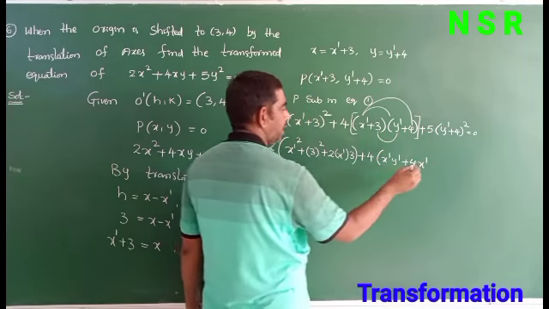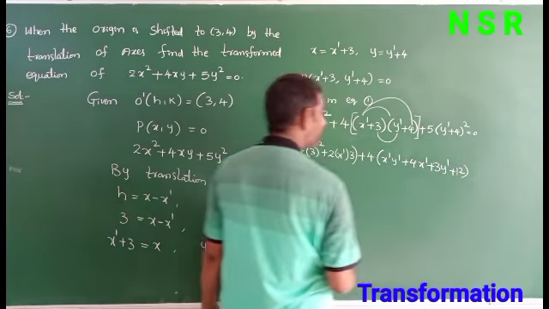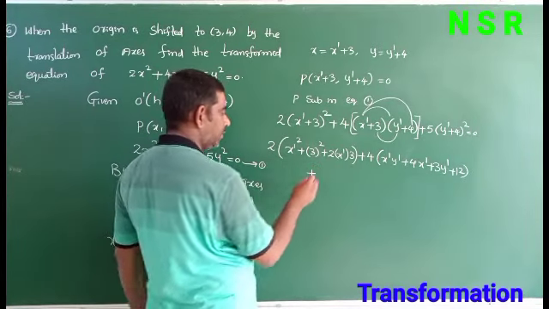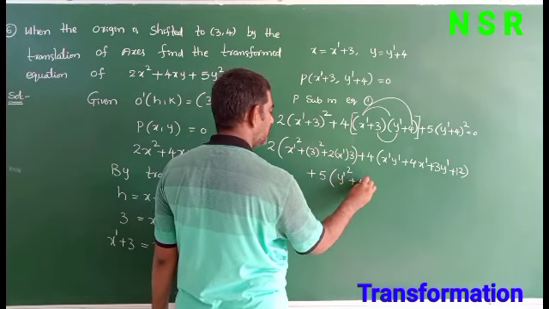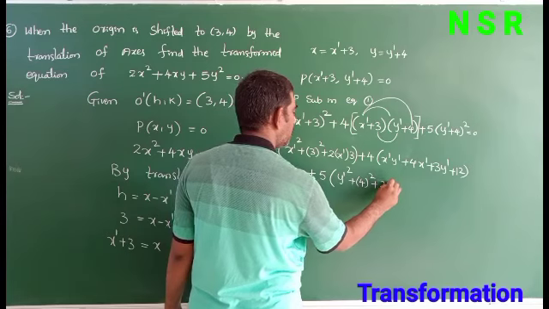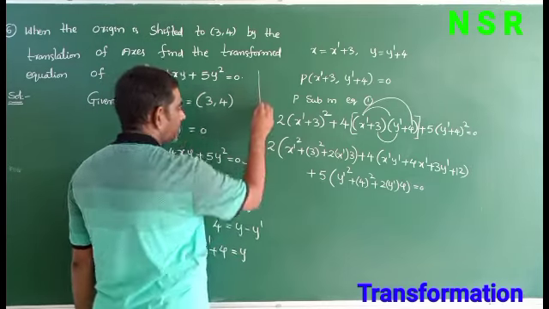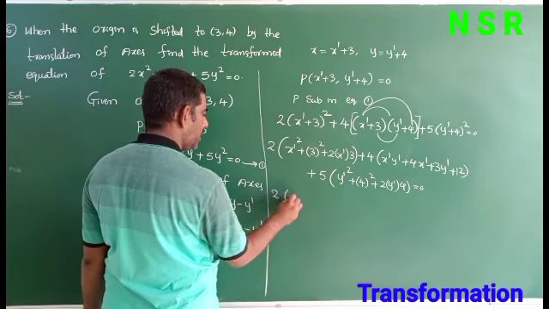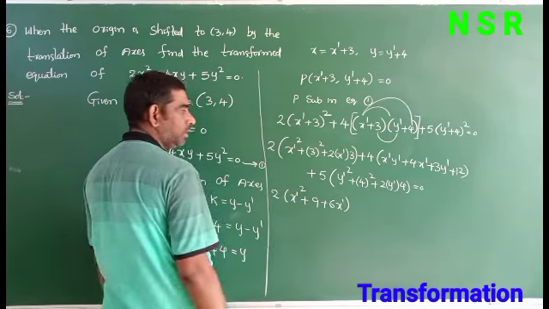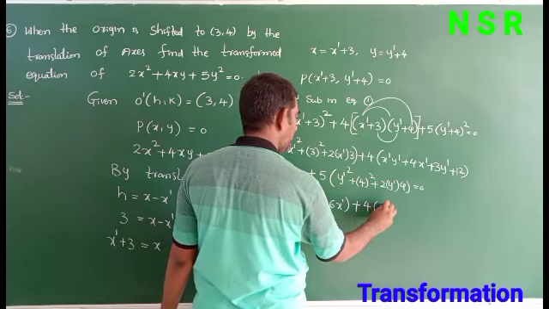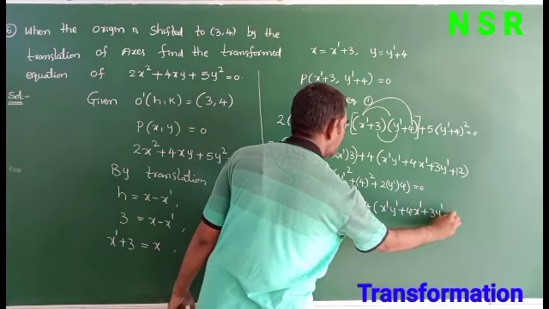Now 3 into y dash, 3y dash, plus 3 into 4, 12, plus 5 into, apply a plus b whole square, a square y dash square plus 4 square plus 2 into y dash into 4, equal to 0. So now 2 into x dash square plus 9 plus 6x dash, 4 into x dash y dash plus 4x dash plus 3y dash plus 12.